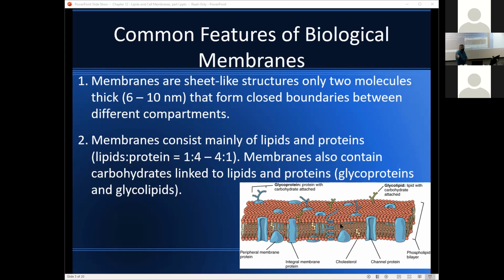One thing you might have heard me say again and again, especially in cell biology, is that cells are sugar coated. The carbohydrates attached to the glycolipids and glycoproteins make up what's called the sugar coat of a cell.